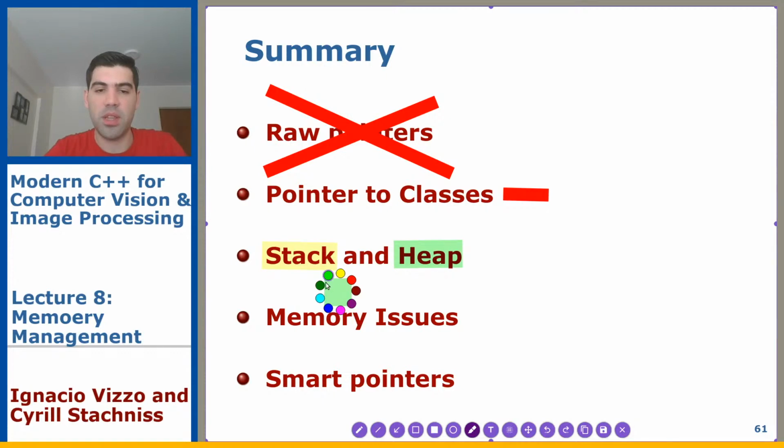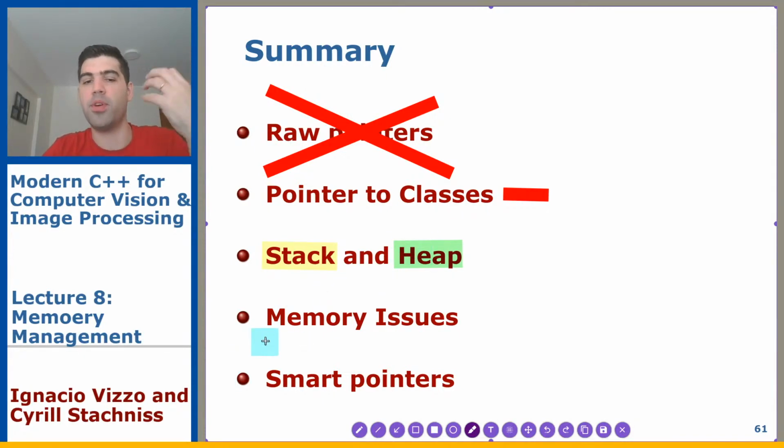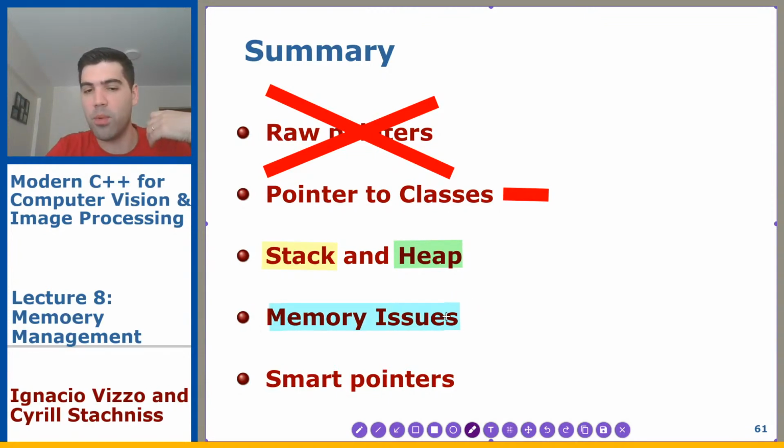We also saw that if you think you are smart and manage the heap memory by hand, you will end up with memory issues. And even when you try to wrap up functionality into classes, you will see errors, memory issues. That is one of the most common issues in C++ programs.